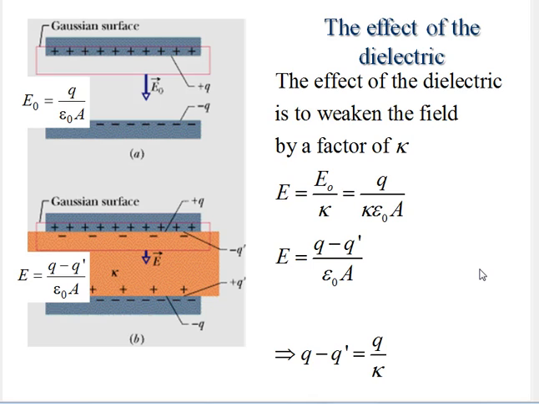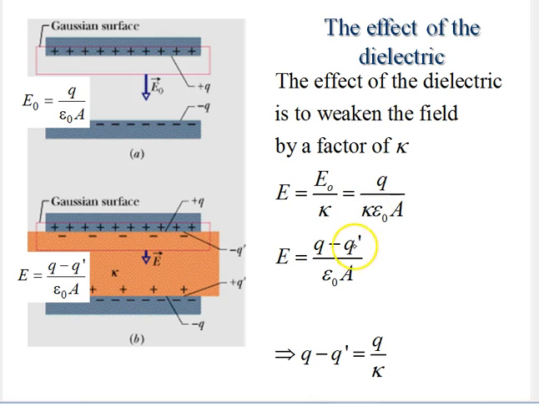To do that, we know that our electric field is weakened by that factor of kappa, the dielectric constant. So that's going to be our E naught, Q over epsilon naught A, divided by kappa.